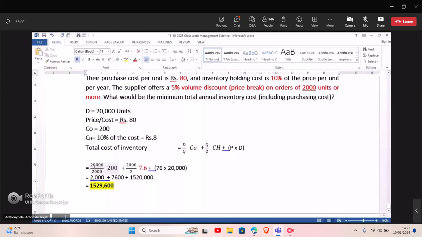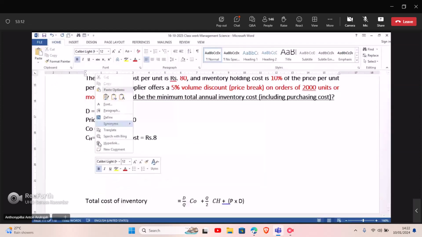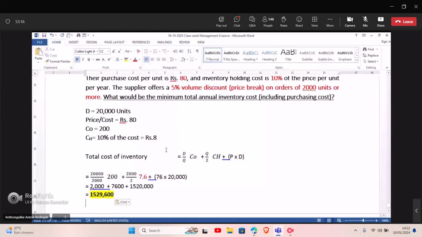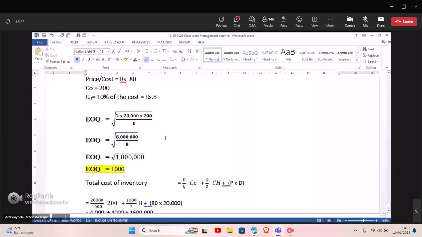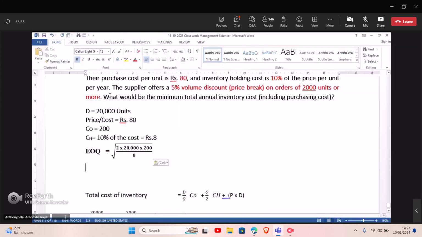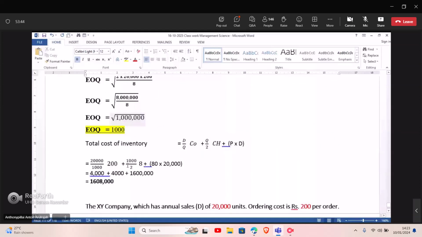If there is no discount, D is 20,000, ordering cost 200, and the holding cost is 8, so the EOQ is 1,000. At that point, what is the cost? 16 lakhs and 8,000, sir.